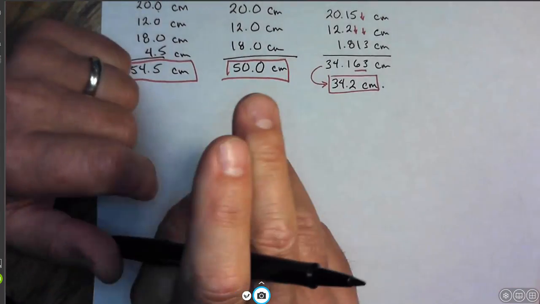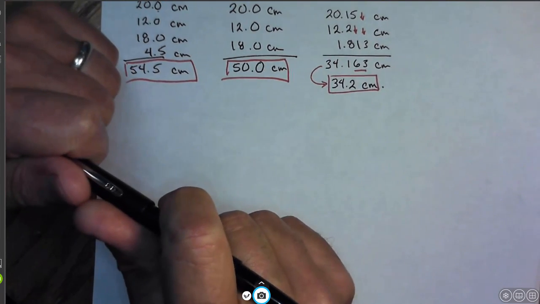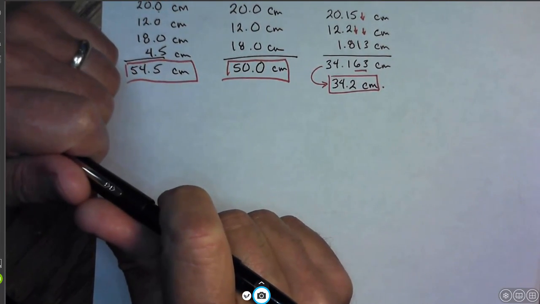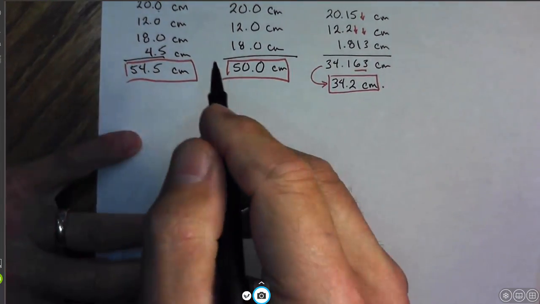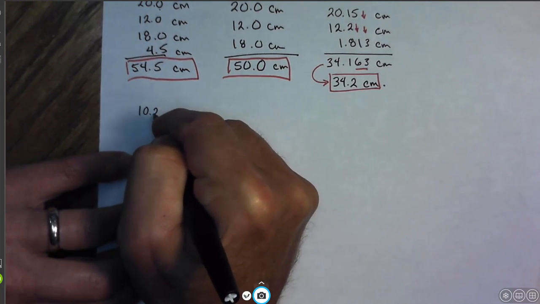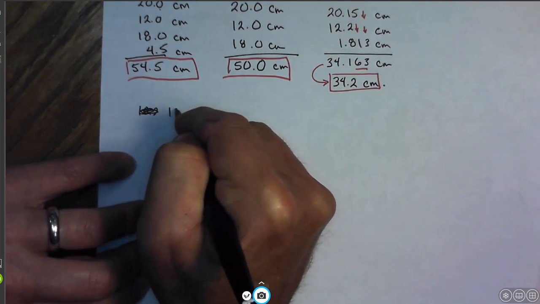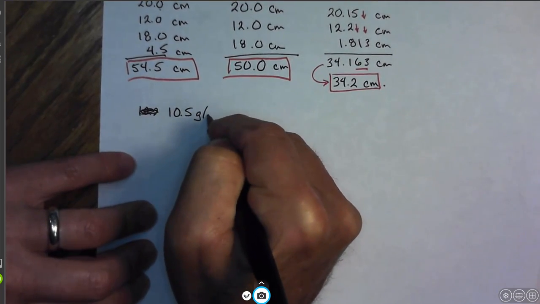Okay, the density of silver is 10.5 grams per milliliter. I'm sorry, I said 10.2, I meant 10.5 grams per milliliter.